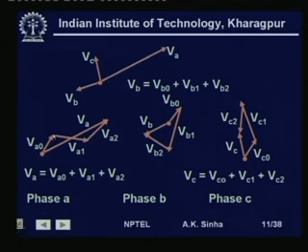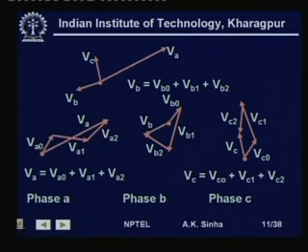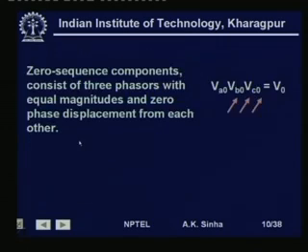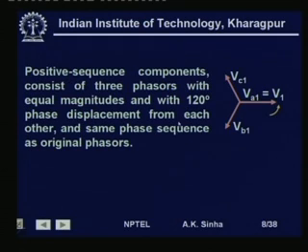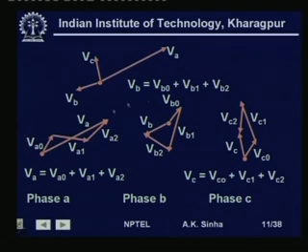This phasor VA0 has this magnitude and this phase. So, here we have this VA0, then VA1, if we go back and see, is like this. So, again here we have VA1 and similarly VA2, and when we add these 3 phasors, we are getting this phasor VA.